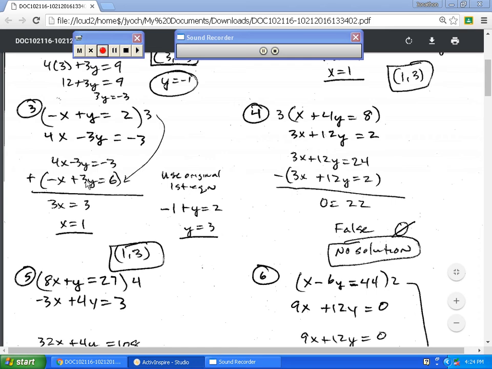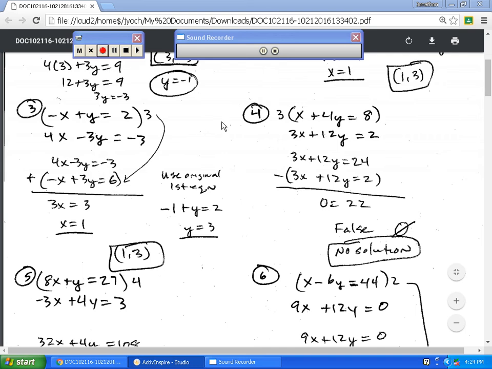Negative 3x plus 3y equals 6. Add them together. You're going to get, again, 1x equals 3. So x clearly has to be 3. If x is 3, y is 5. It should be 3 comma 5, not 1 comma 3.